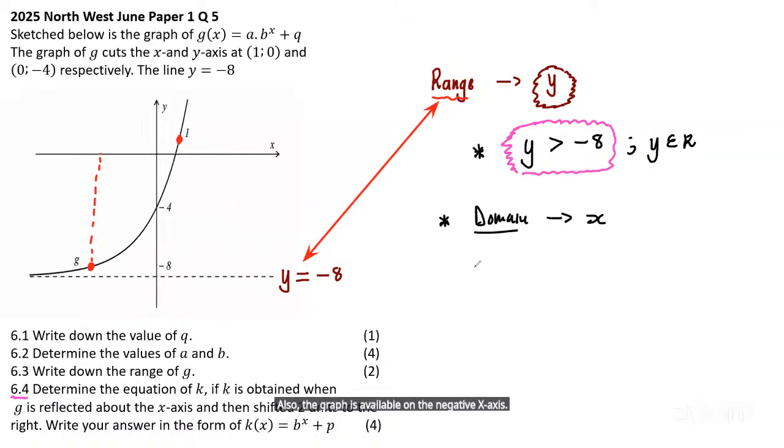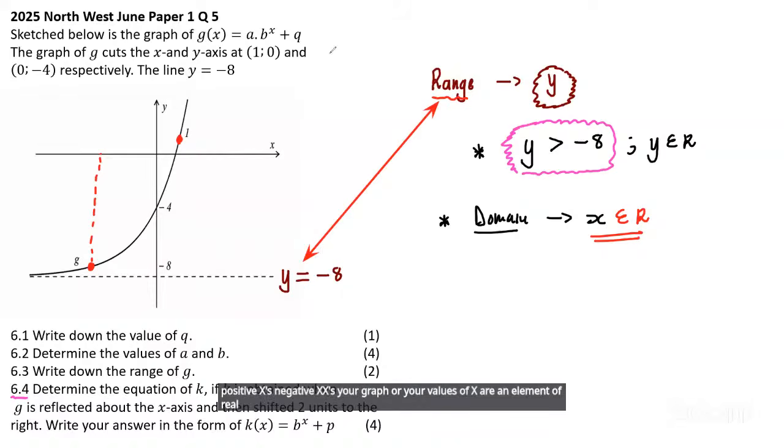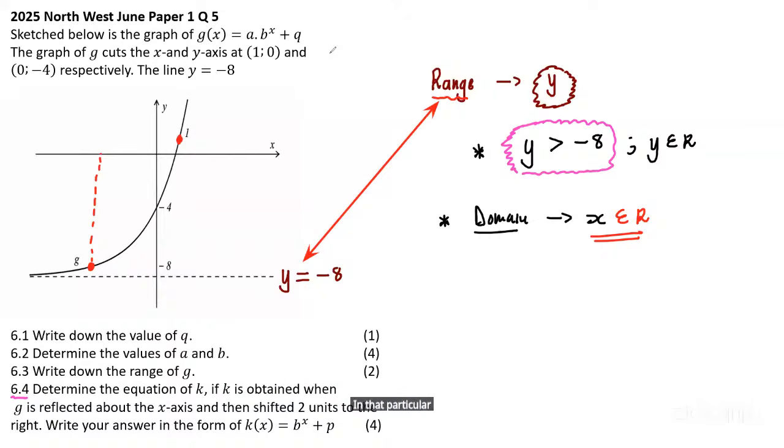So your graph has positive x-axis, negative x-axis. Your values of x are an element of real numbers. It's available everywhere in that particular situation.